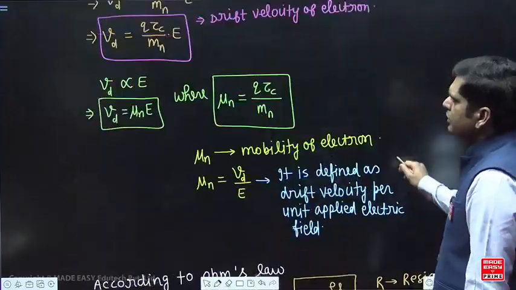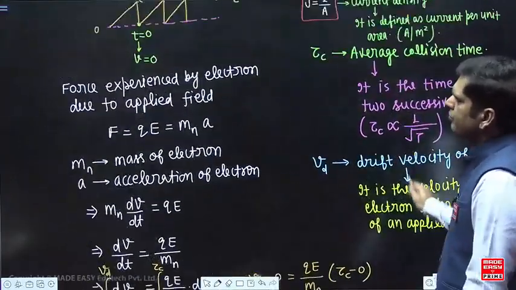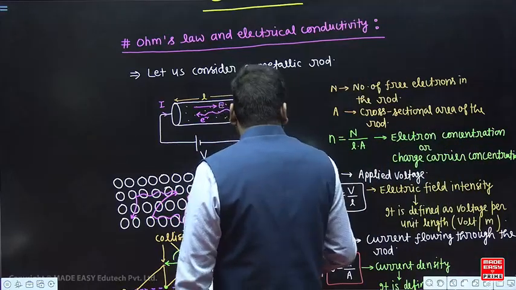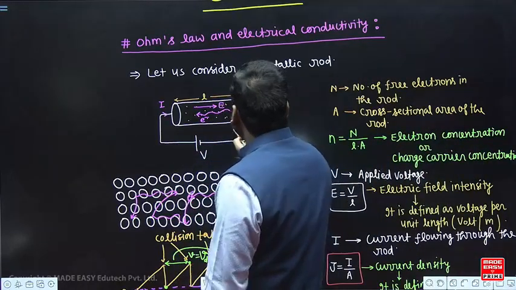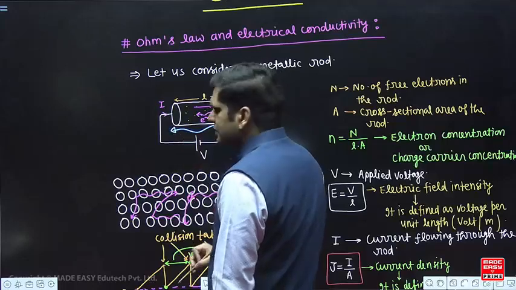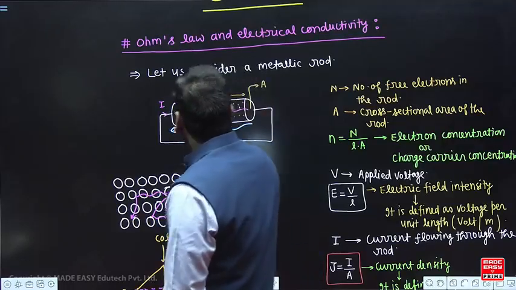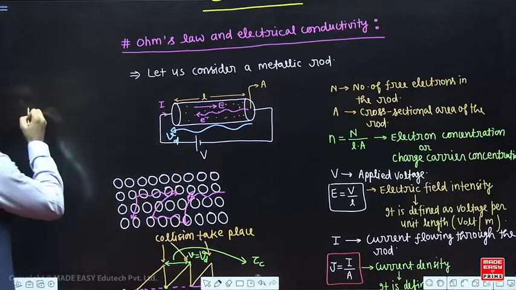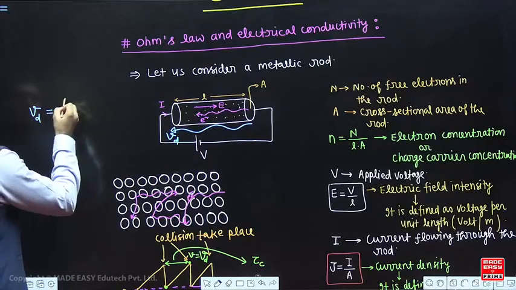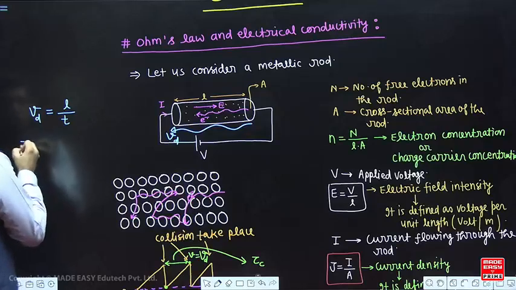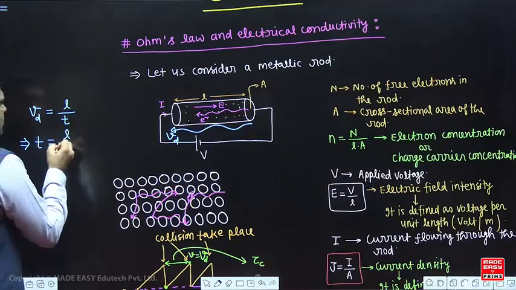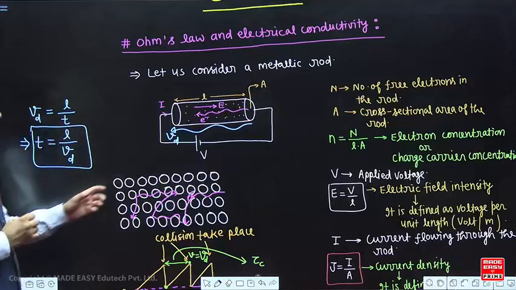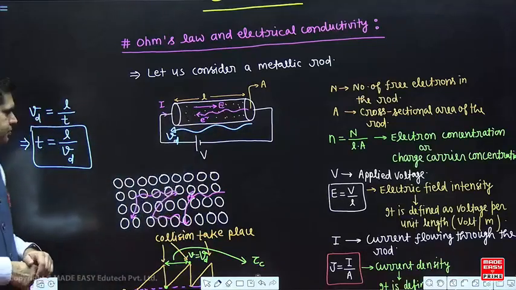Have a look here. You see, an electron is moving with drift velocity, and then it is able to cross from this end to this end. So this length is L and velocity of electron is Vd. So Vd is equal to L upon time. So time is how much? L by Vd. This would be the time taken by the electron to move through this material.